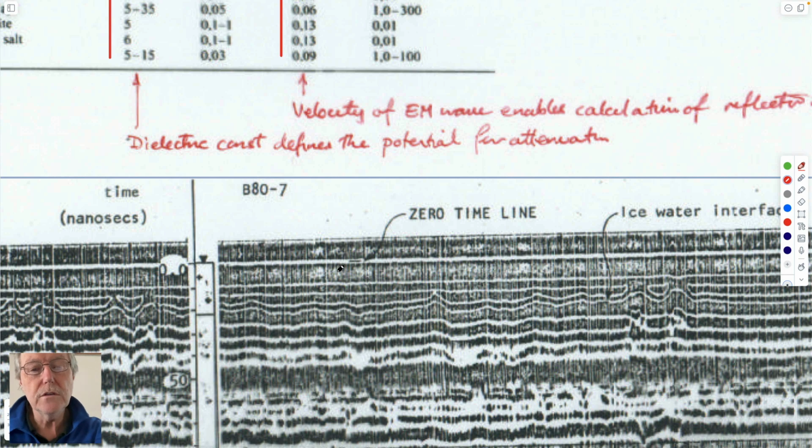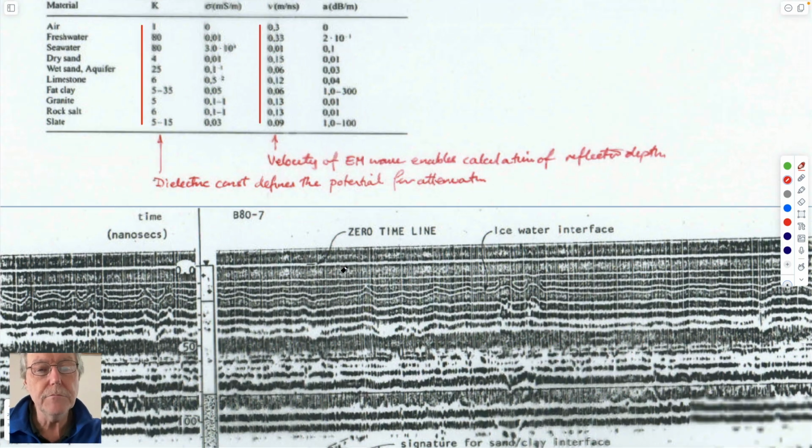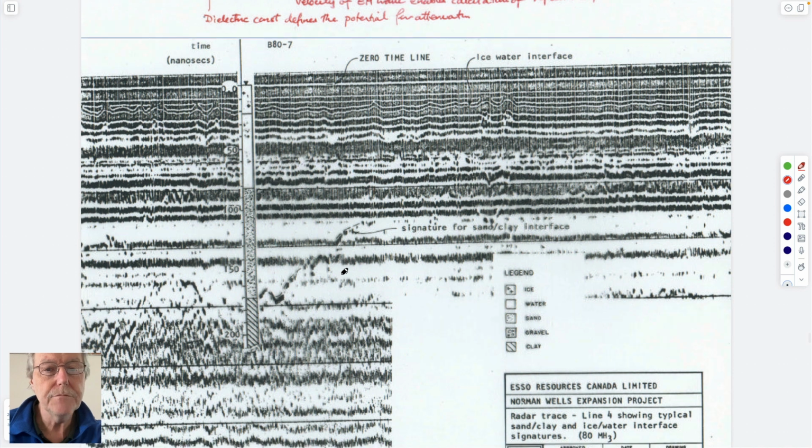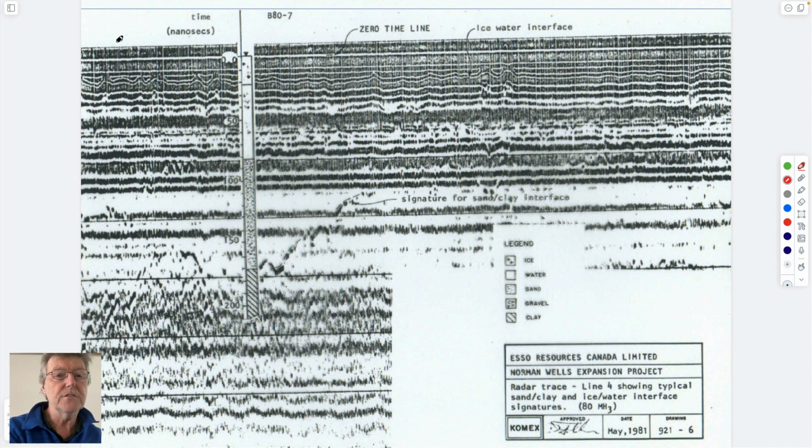And the way these recordings come out is that you run your buggy over the top of this surface from left to right. At each of these locations, it sends out a pulse, and this pulse reflects back to the surface from a whole variety of different depths and is given an output like this.